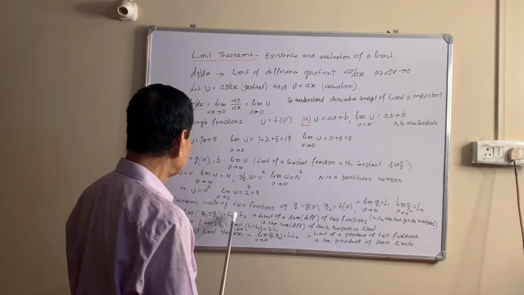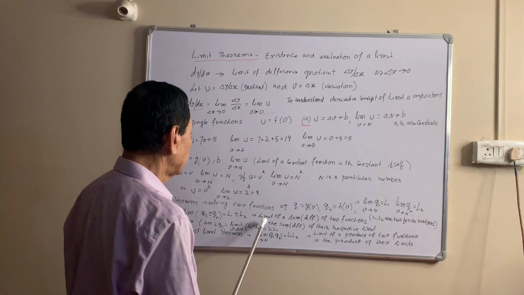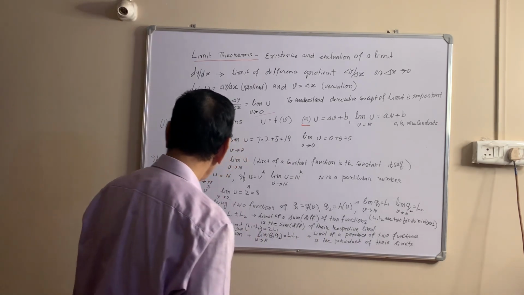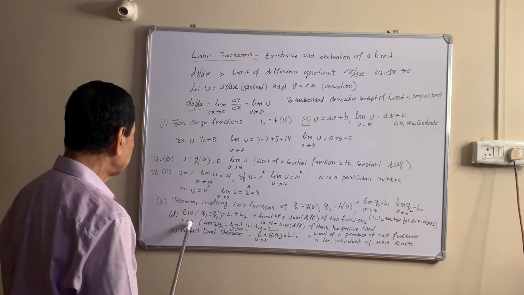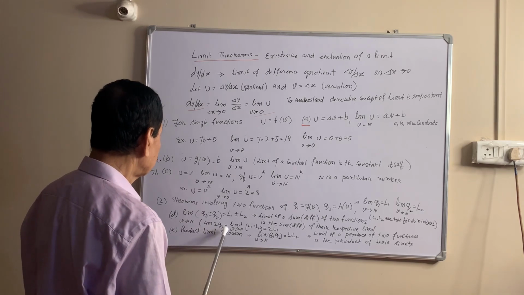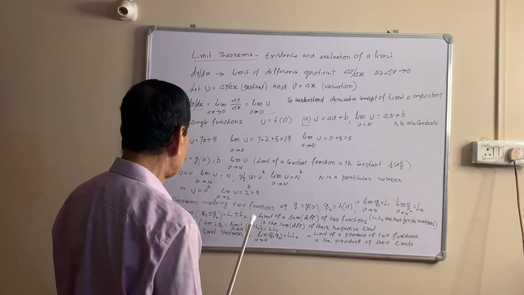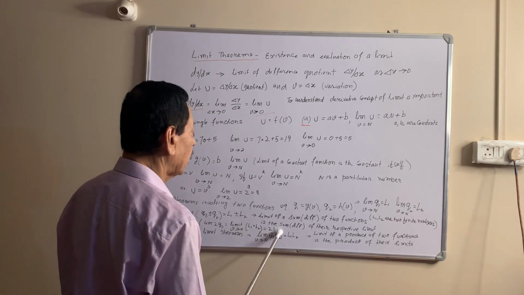For q1 it is L1, for q2 it is L2. So here, as v tends to n, the limit of 2q1 is L1 plus L1, that is 2L1.